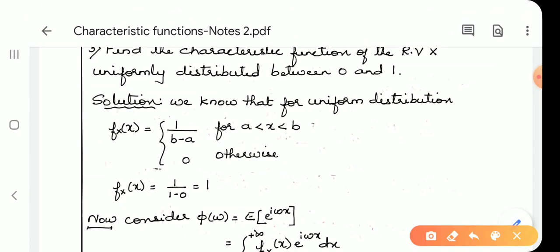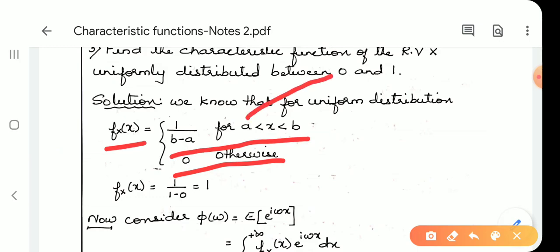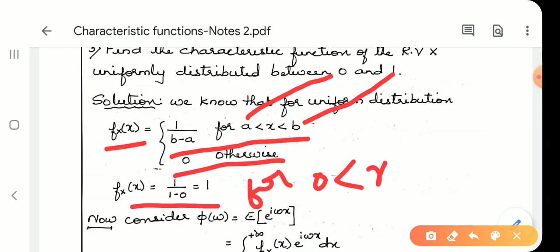We know that for the uniform distribution, f x of x is given by 1 by b minus a for a less than x less than b, 0 otherwise. If we compare here, in the place of a we have 0 and in the place of b we have 1. So f x of x becomes 1 by 1 minus 0, which is 1, for 0 less than x less than or equal to 1.